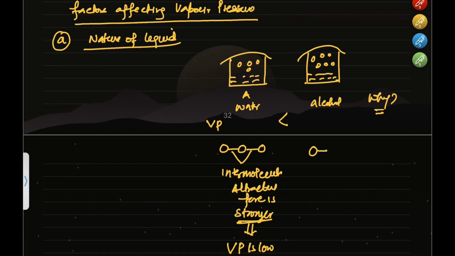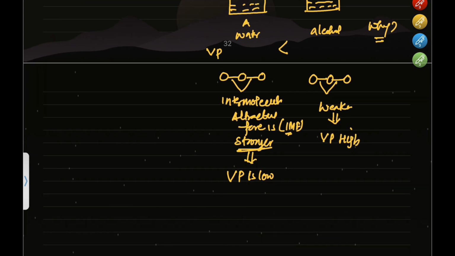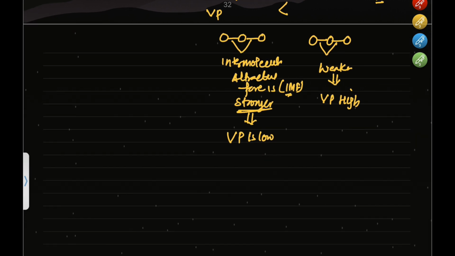The intermolecular attractive force between the molecules of alcohol is weaker, so vapor pressure is high. The intermolecular force and vapor pressure are inversely proportional.